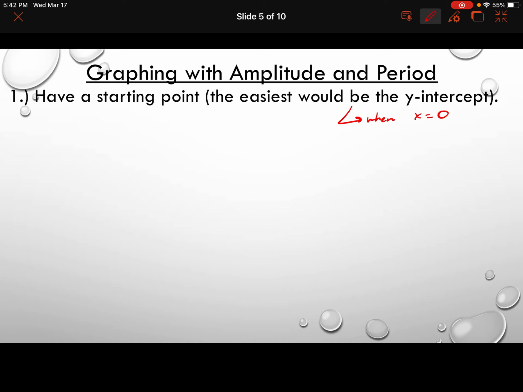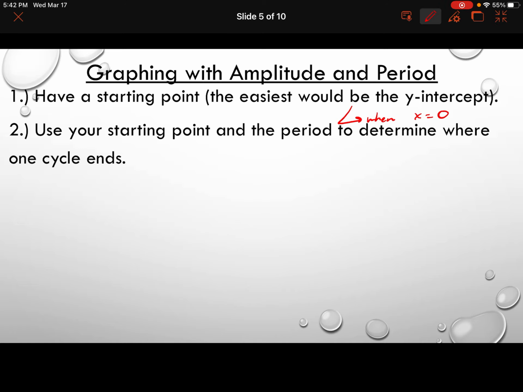Then, you use your starting point and the period to determine where one cycle ends. Starting point plus period gives you where one cycle ends, because one period is how long one cycle, or one pattern of the curve, takes to complete.